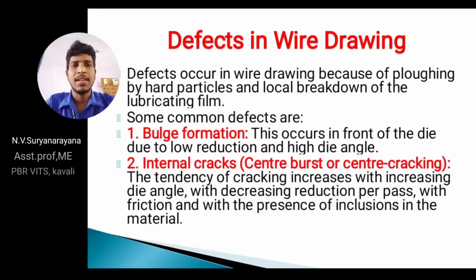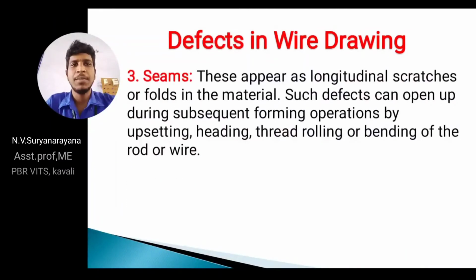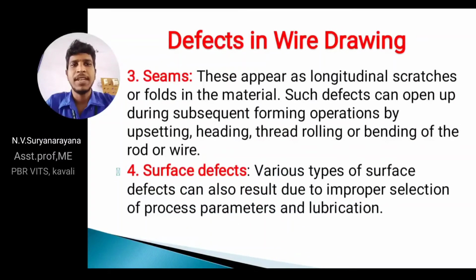Internal cracks occur on the part due to increasing die angles with decreasing reduction per pass. And next, the third one, seams. These appear as longitudinal scratches or folds in the material. And finally, surface defects. These occur on the surface due to improper selection of process parameters and lubrication.